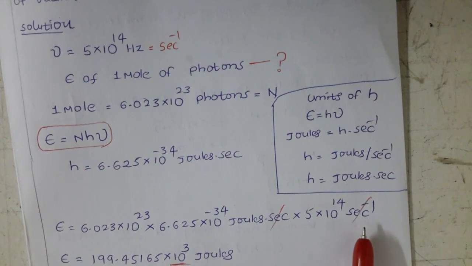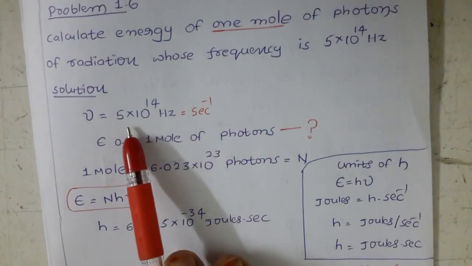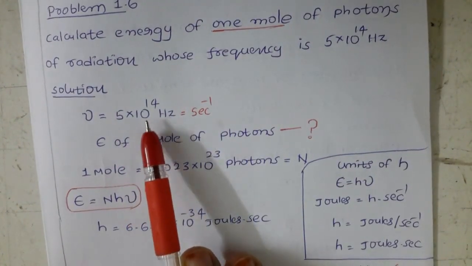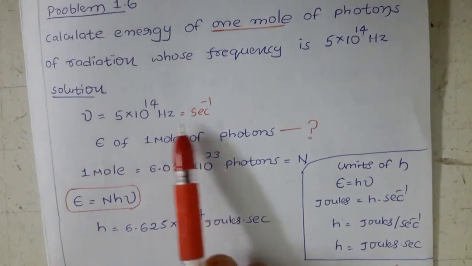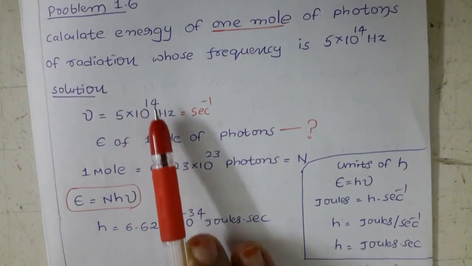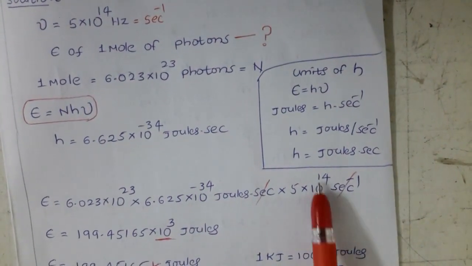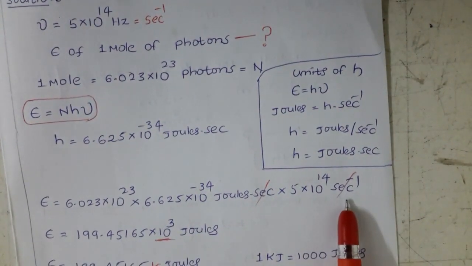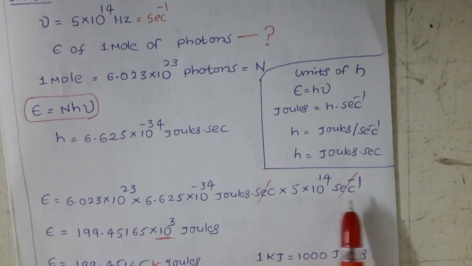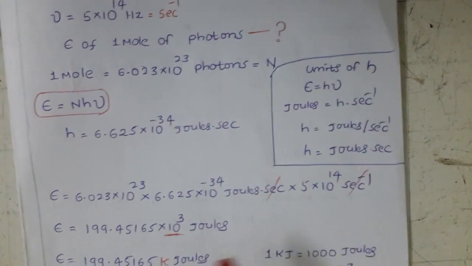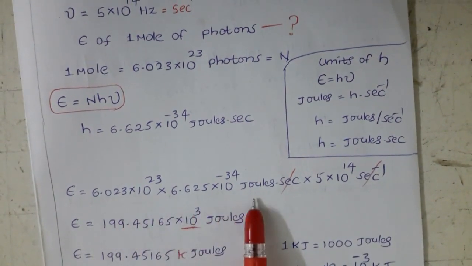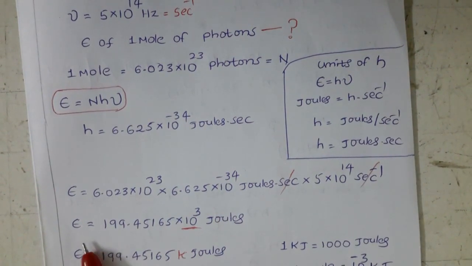So instead of 5 into 10 to the power of 14 hertz, you can write 5 into 10 to the power of 14 second inverse. This second inverse will get cancelled. Now if you go for the simplification, what value do we have?